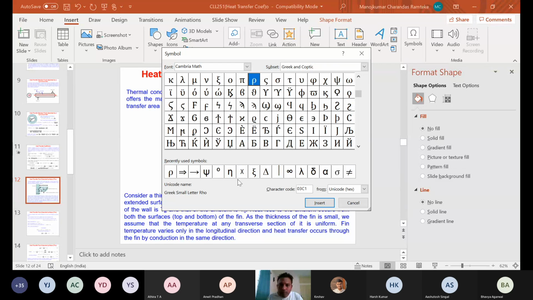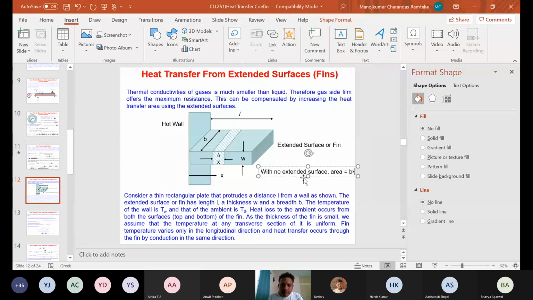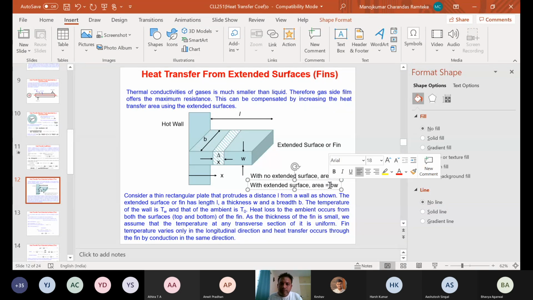So BW is going to be the area with no extended surface, and with extended surface, this is going to be 2 times (B plus W) into L, so this will be the area.